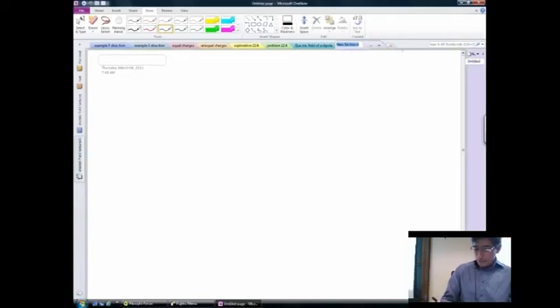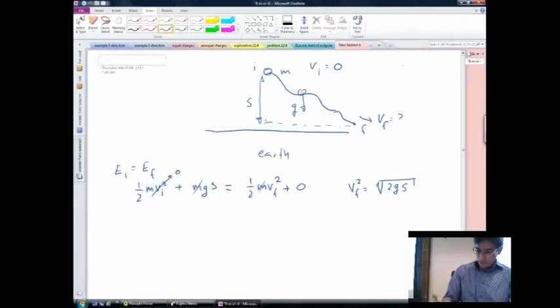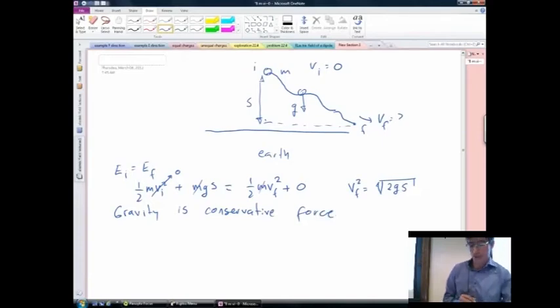So because for gravity, we said that the force of gravity was constant, we said that gravity is a conservative force. And that's what allowed us to say that the work done by gravity when the particle goes from the initial to the final does not depend on whether I follow the path that you see there, following the wire, or a path that goes straight down and then horizontally towards the final point.